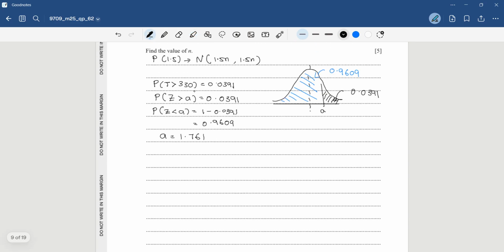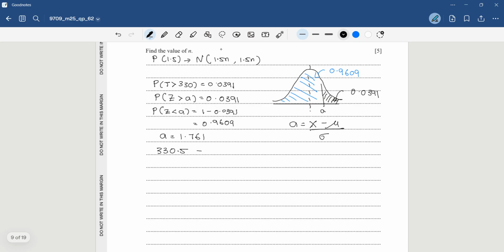And what is my a? My a is a standardized score, so a will be x minus mean over standard deviation. Take note, my x here is 330, but it is more than 330, so I need a continuity correction: 330.5 minus the mean, which is 1.5n.